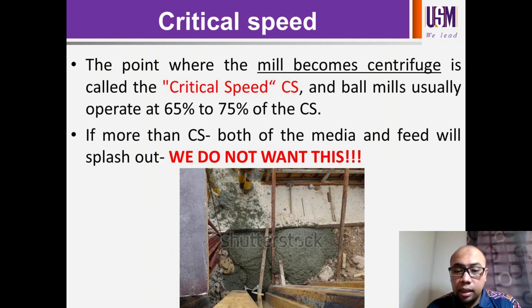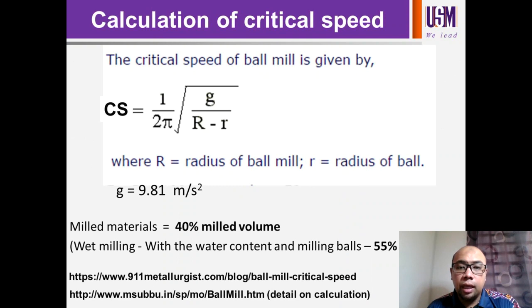You can see here in the figure that I showed you just now, the slurries just splash out from the milling machine. Here is how you calculate the critical speed of a ball mill. There is an equation for the ball mill to calculate its critical speed.